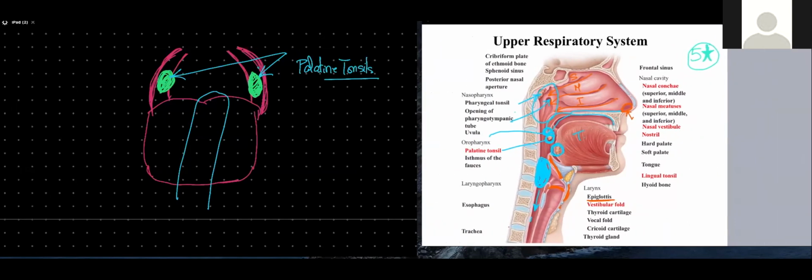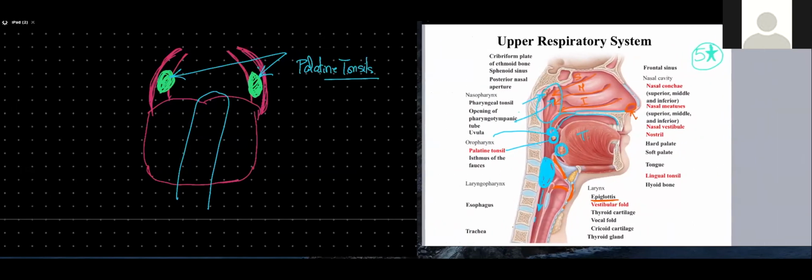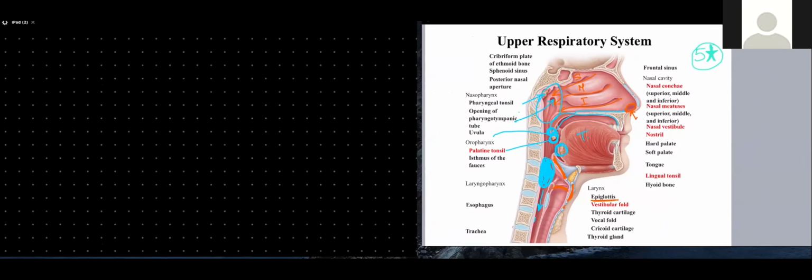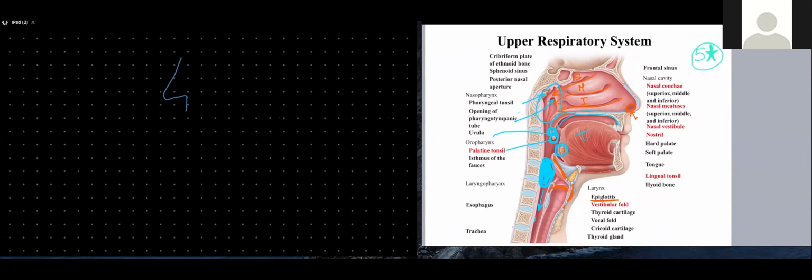The uvula is going to be responsible to contract, moving upwards to close the nasopharynx while you are swallowing. So for example, if I'm drawing this, this is my nasal cavity, my nose.